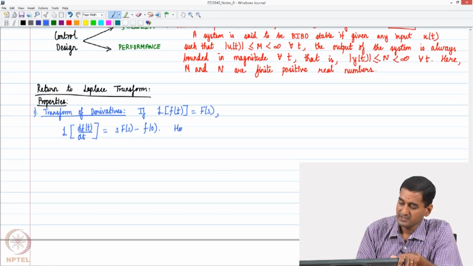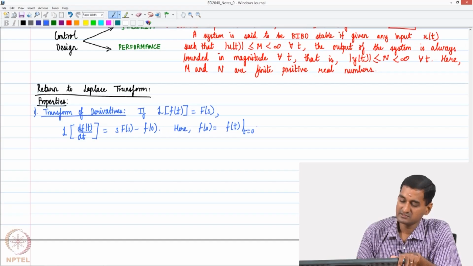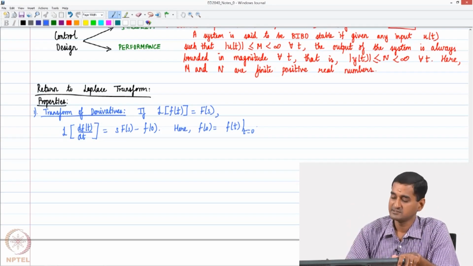So, here what is f0? f0 is nothing but f of t evaluated at t equals 0. That is the initial condition once again.